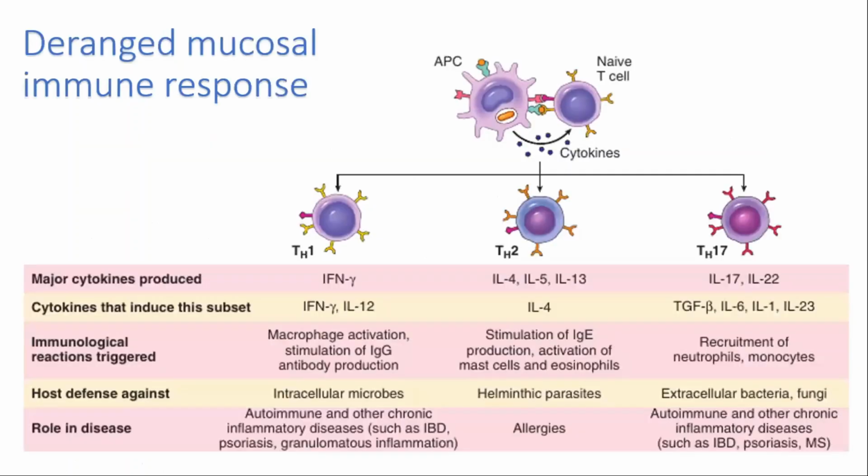Another factor which contributes to IBD is the deranged mucosal immune response. As we know, in the bowel in IBD, there will be activation of T cells, and the T cells will be polarized into T helper 1 and T helper 17, and these T cells in response produce cytokines.